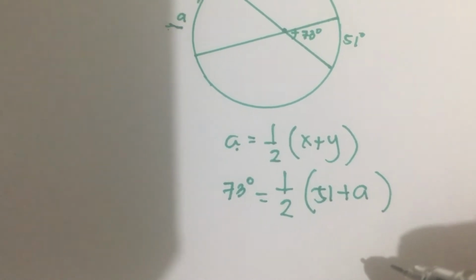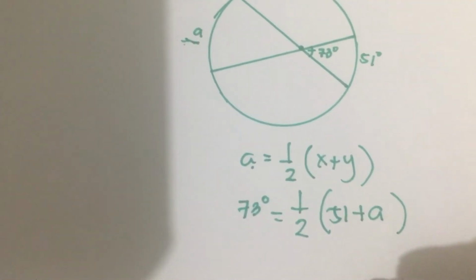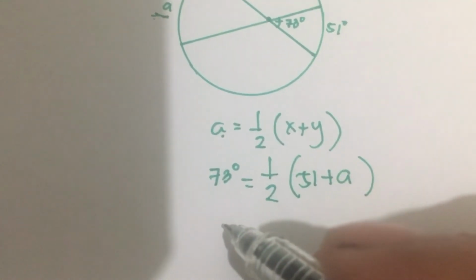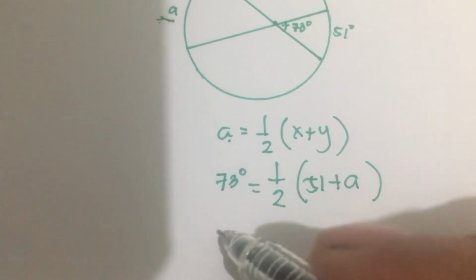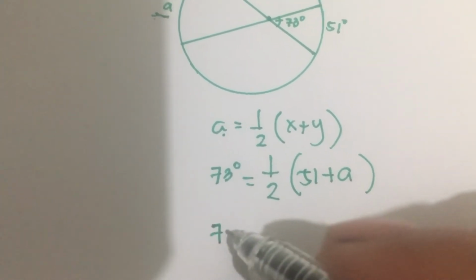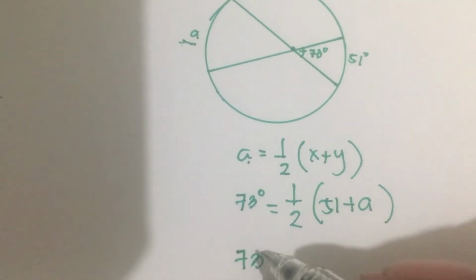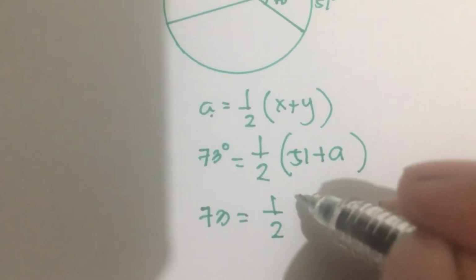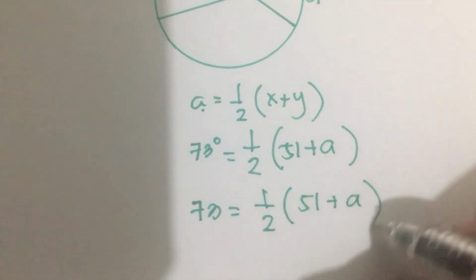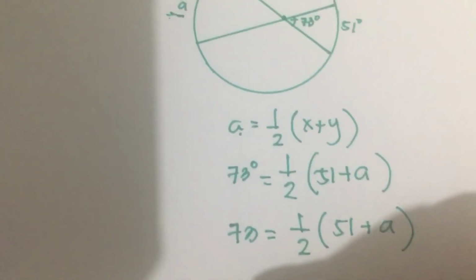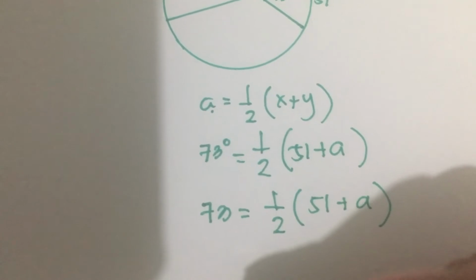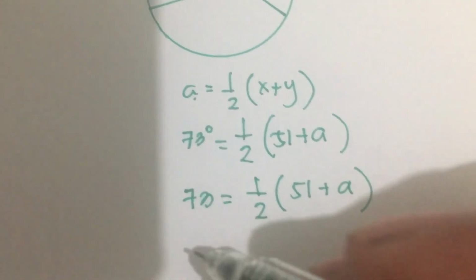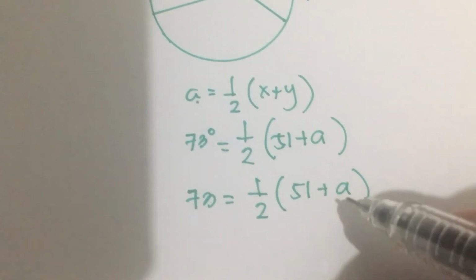So at this point, we simplify: 73 is equal to 1/2 times 51 plus A. Now, to solve for this, remember that you cannot actually multiply or divide directly if you have a variable.